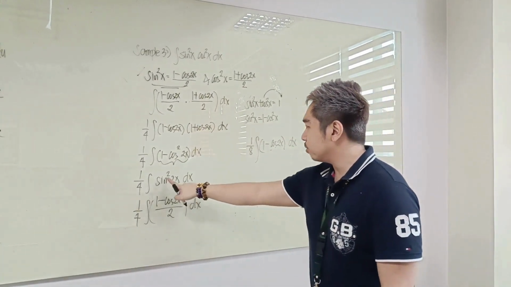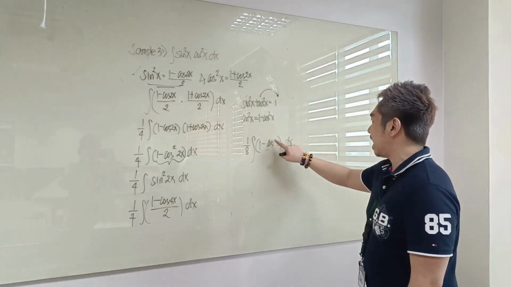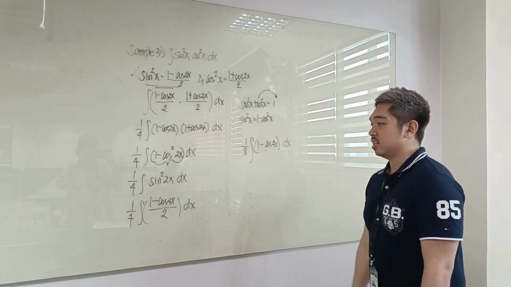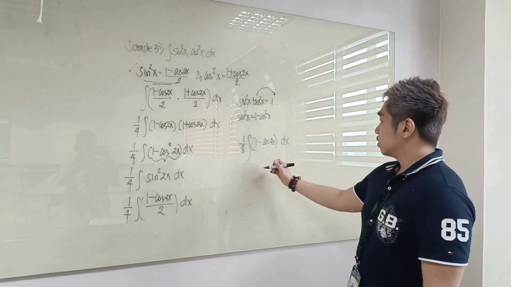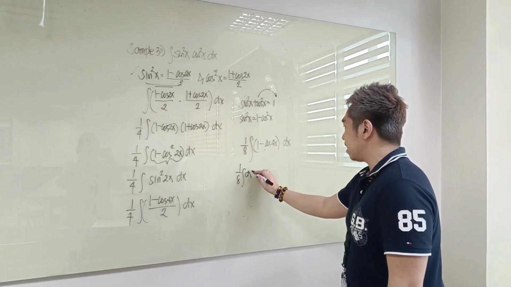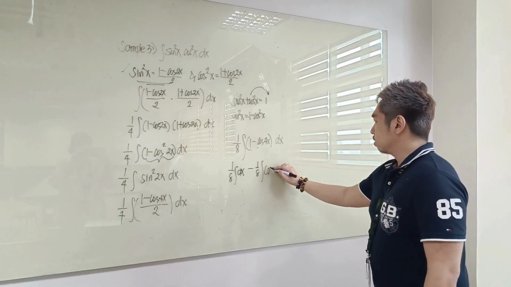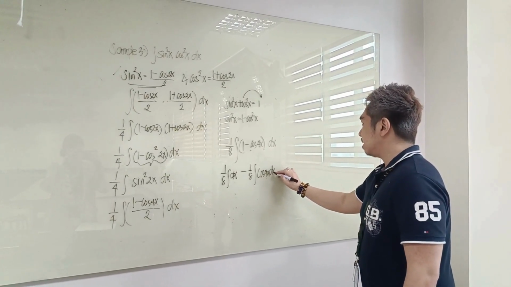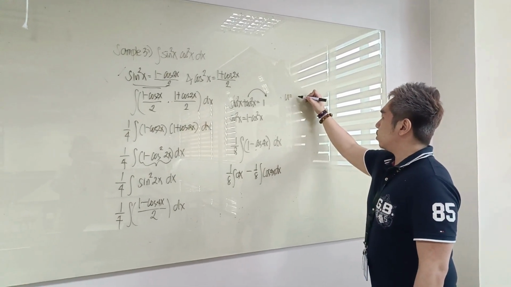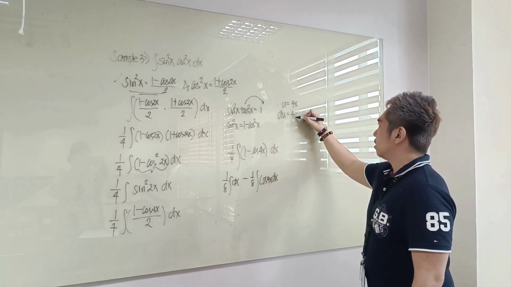Oops, don't forget, we have here 2, so therefore we multiply this with 2. So the angle becomes 4x instead of 2x. So we distribute, so we have 1 all over 8 integral of dx minus 1 all over 8 integral of cosine of 4x dx.